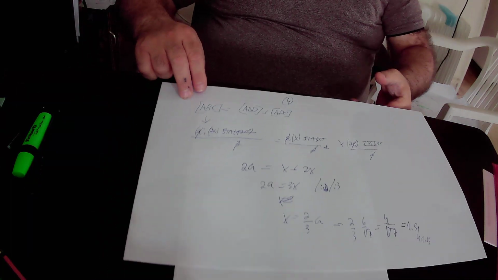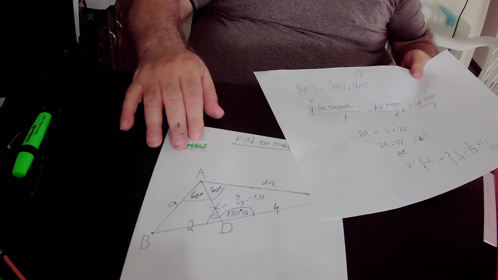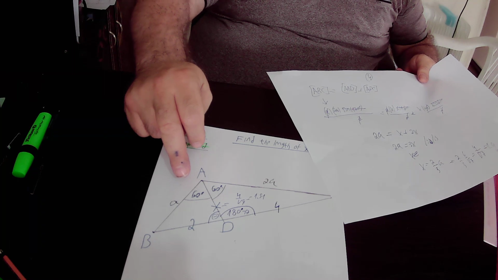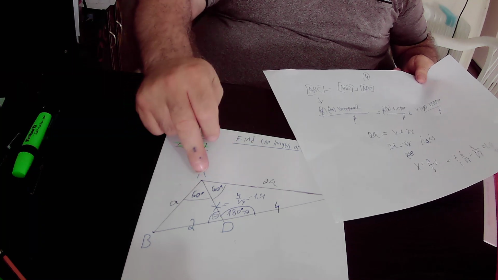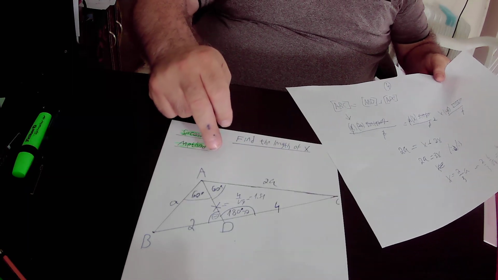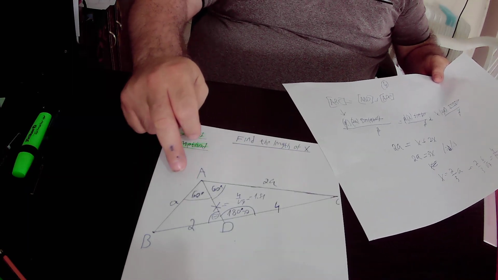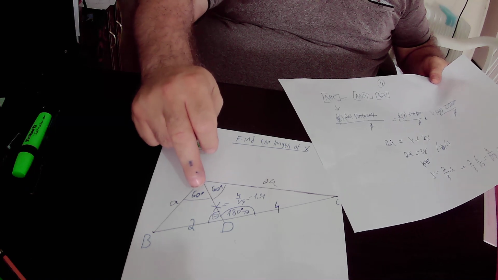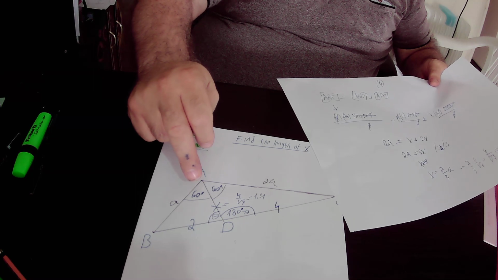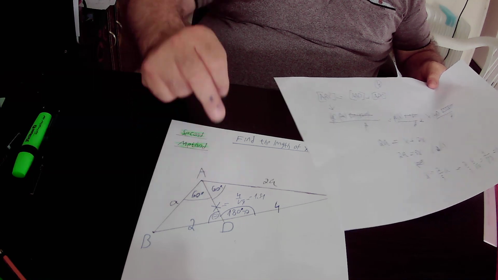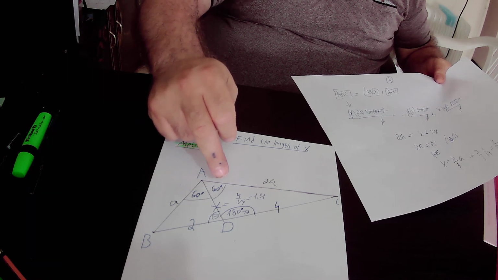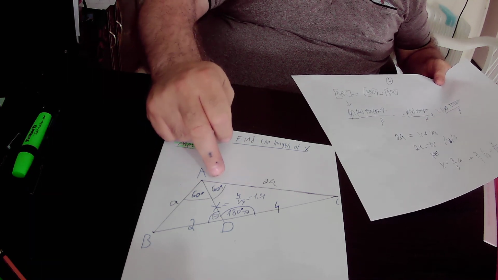So the area of triangle ABC, according to the new rule, will be equal to a times 2a times sine 120 degrees over 2. The area of triangle ABD equals a times x times sine 60 degrees over 2, and the area of triangle ADC equals x times 2a times sine 60 degrees over 2.